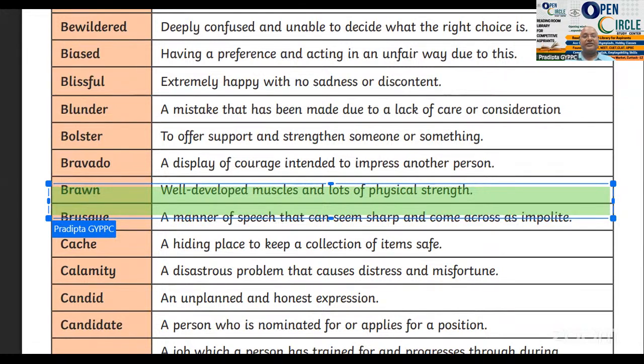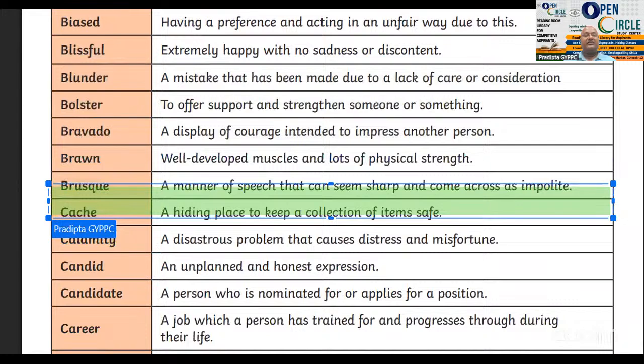Okay? The next word is brusque. Brusque means a manner of speech which can be sharp and impolite. Like some people talk in a very brusque way, right? So this is brusque. The next word is cache.